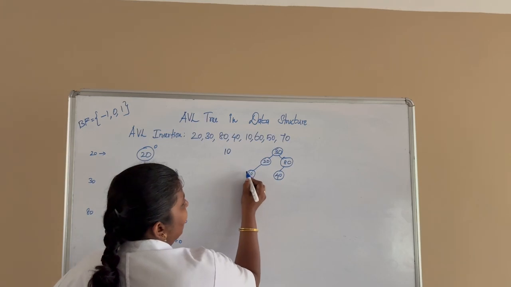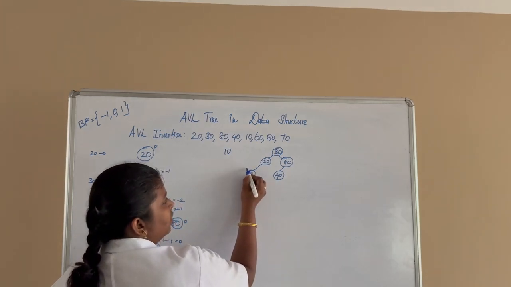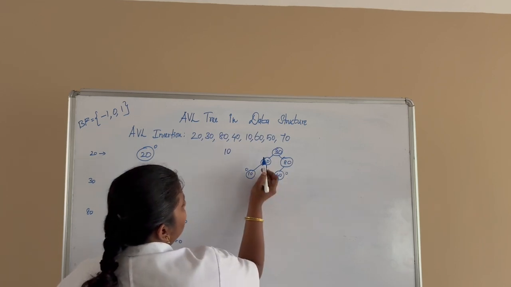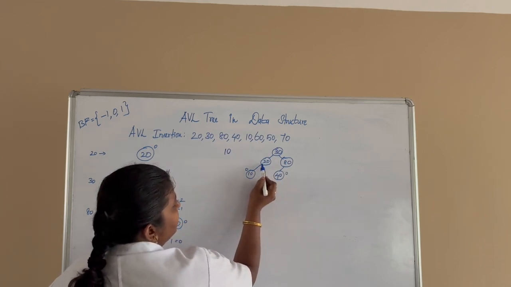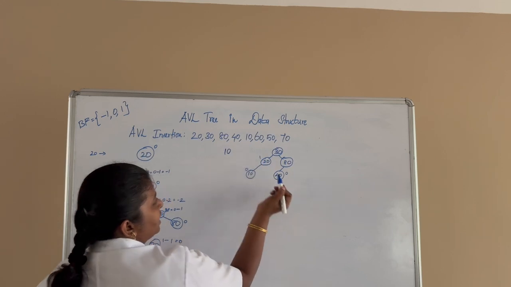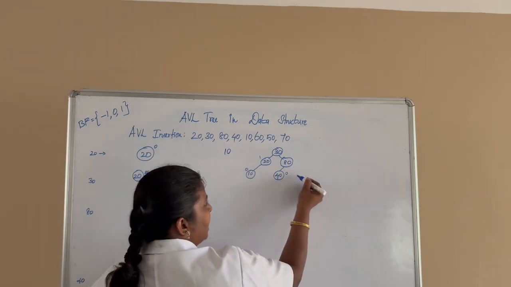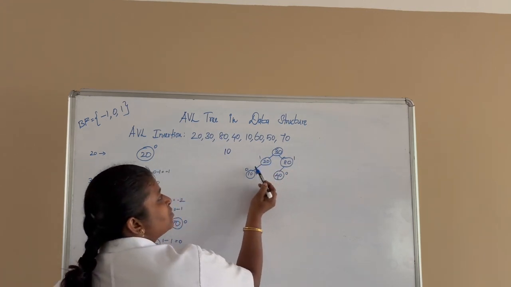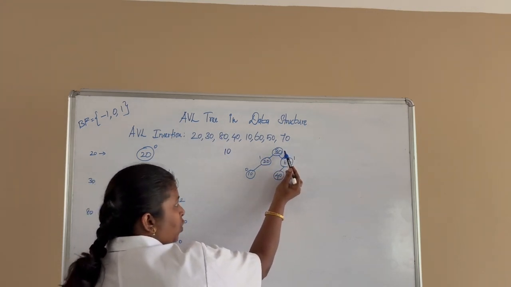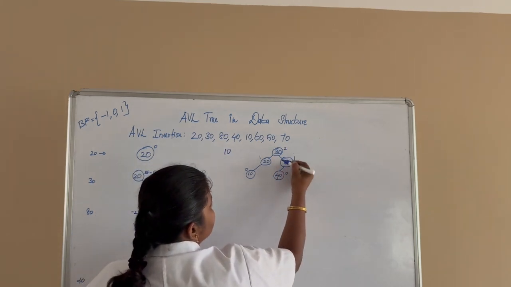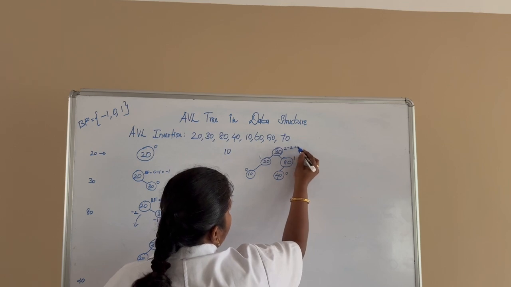So here the balance factor of the node 10 is, since it is a leaf node, height will be 0, and balance factor will be 0. For calculating the balance factor of the node with the value 20, height of the left subtree 1 minus height of the right subtree 0, so it is 1. For the root node with value 30, height of the left subtree is 2 minus height of the right subtree is 2, so it is 0.